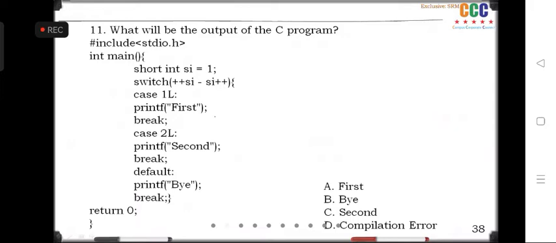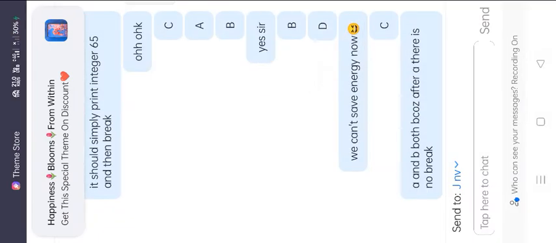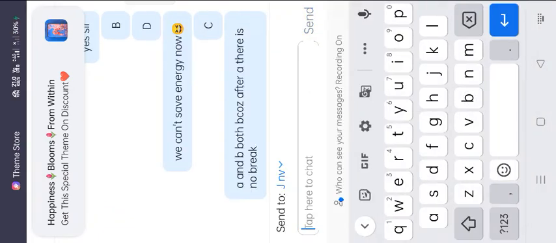Yes. Now look into it. Swikriti is saying it is D, compilation error. Lasha also D, compilation error. Why? Short integer SI, SI is 1. Switch plus plus SI minus SI plus plus. Okay. Sahiti is also saying compilation error.